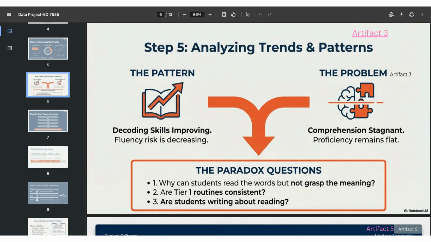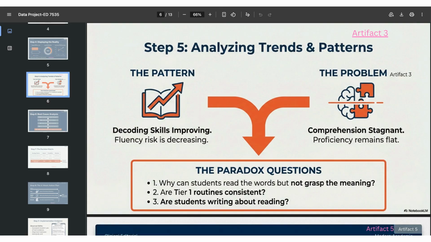We also used a structured trend analysis template to guide our discussion. The protocol required us to answer questions such as what does the data say, what patterns exist, what surprises us, and what concerns us. Some questions generated during analysis included why is comprehension growth lagging behind fluency?